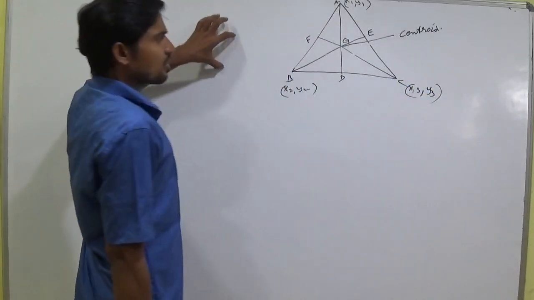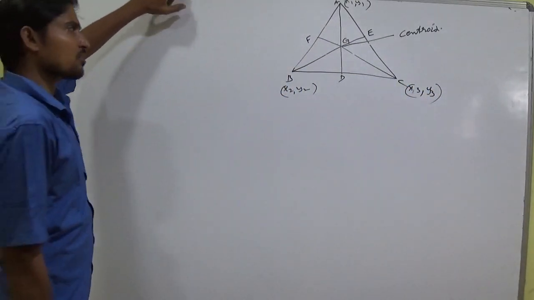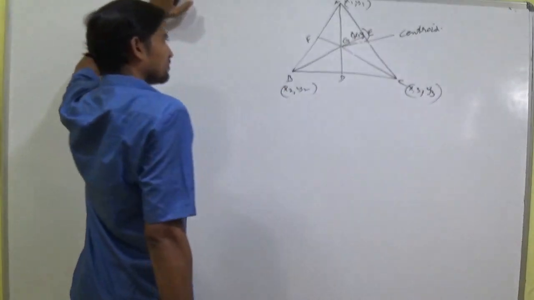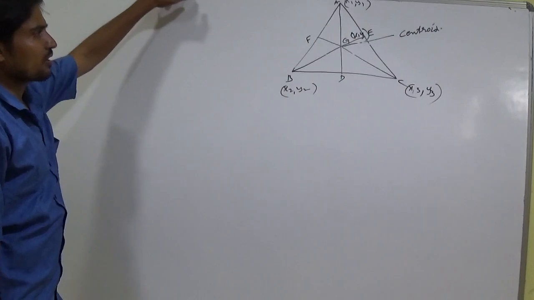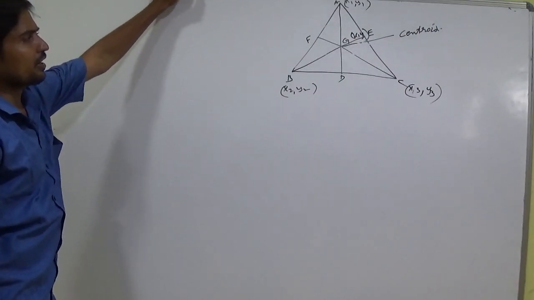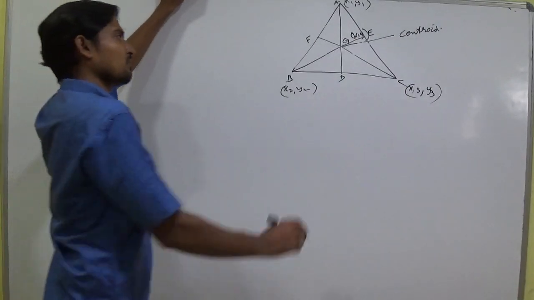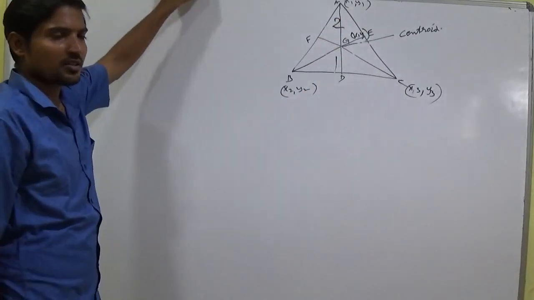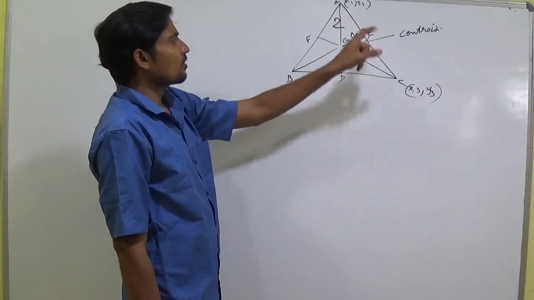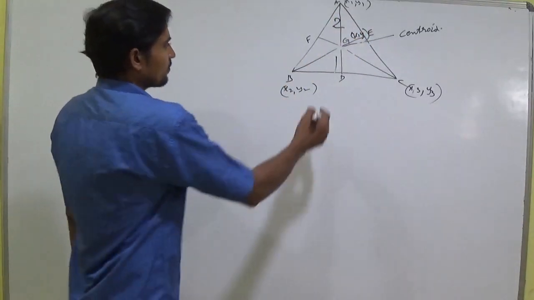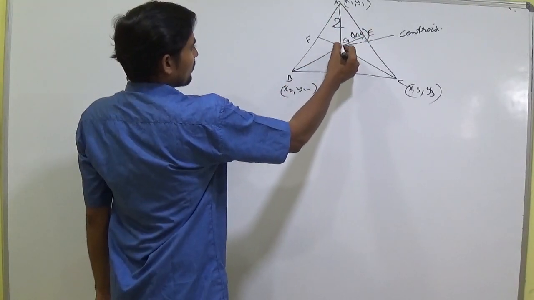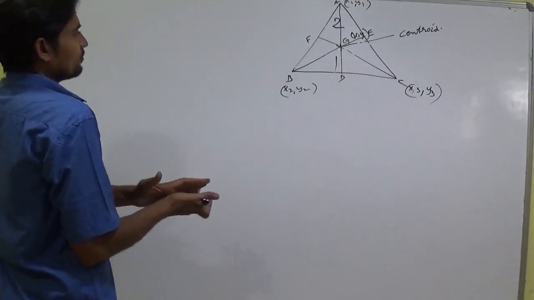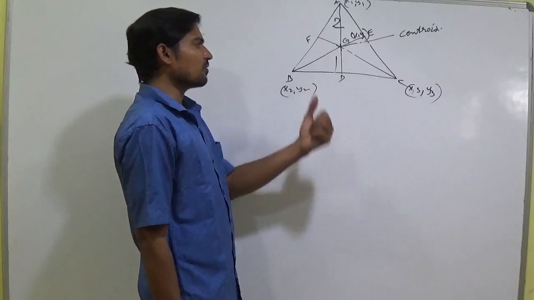So the coordinates of G, suppose G is (x, y). G divides the median AD in the ratio 2:1. So now the coordinates of D.